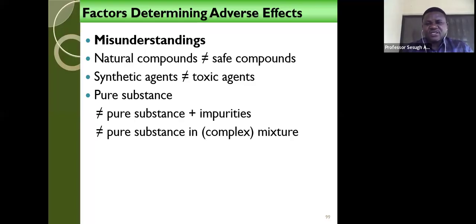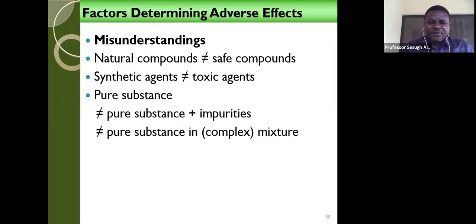Synthetic agents, some will say synthetic agents are not toxic agents because they are produced in the lab or something. No. Pure substance is pure substance plus impurity.